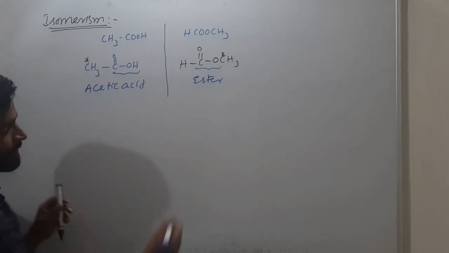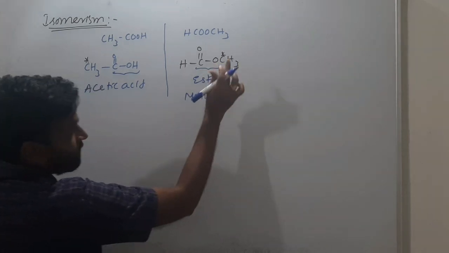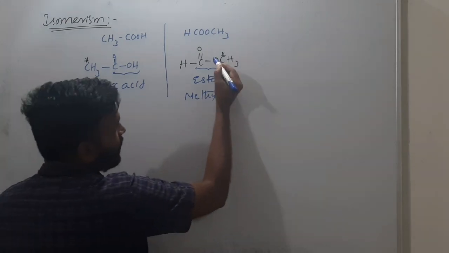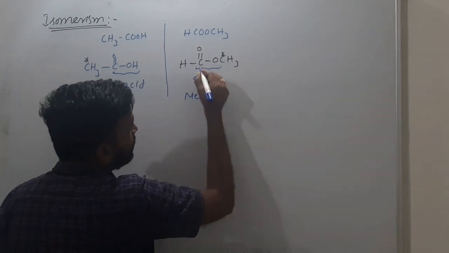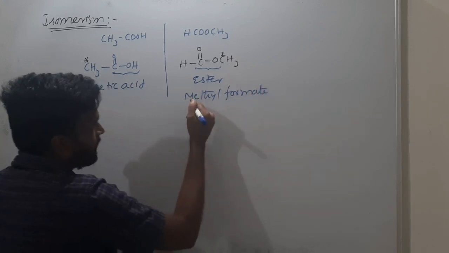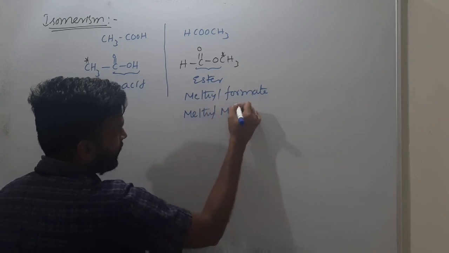So ester it is. What is this? Methyl formate. I told you in the previous class, alkyl alkanoate, that's why I told you the names. So for oxygen, what group is there? Methyl, one carbon. Formate. This is not the IUPAC name. Its IUPAC name is methanoate.